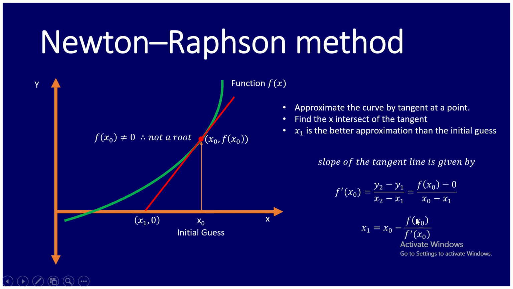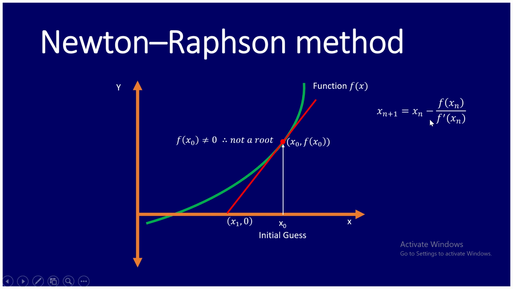So this is the formula derived by Newton and Raphson to find the next approximation of the root. Now if we generalize this formula, we get that the next approximation is equal to the current approximation minus the value of the function f of xn divided by f dash of xn.